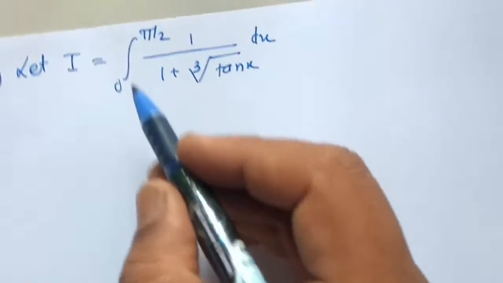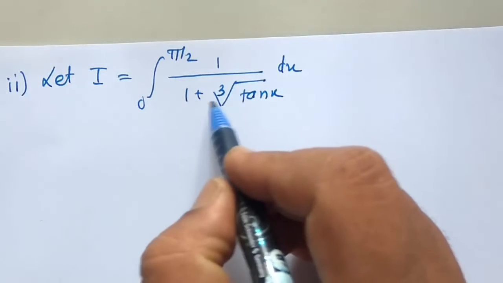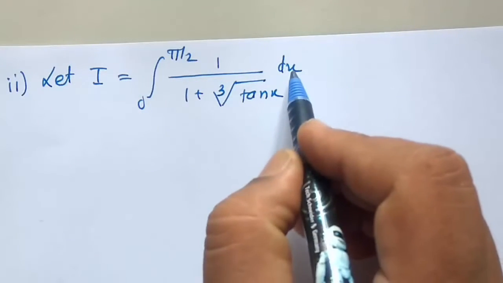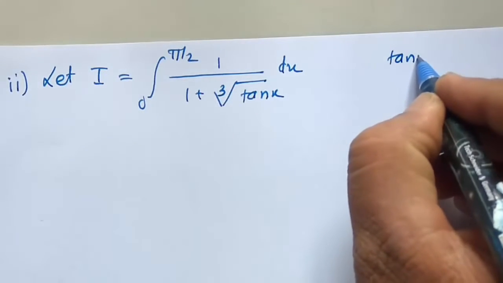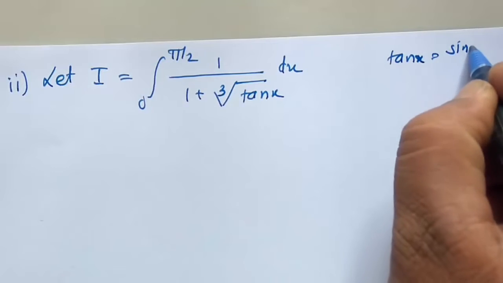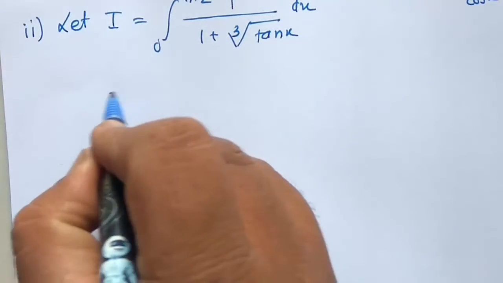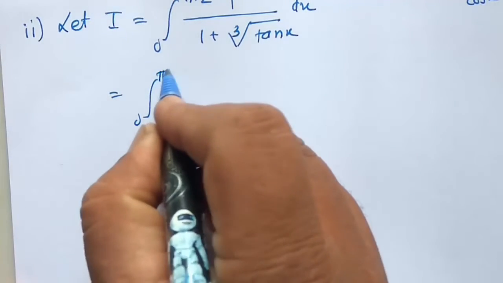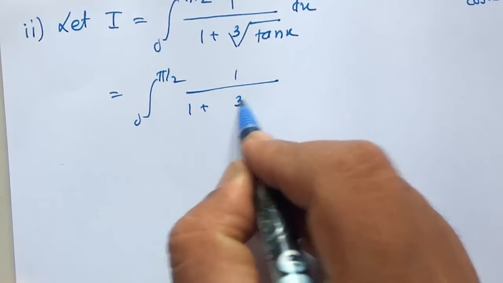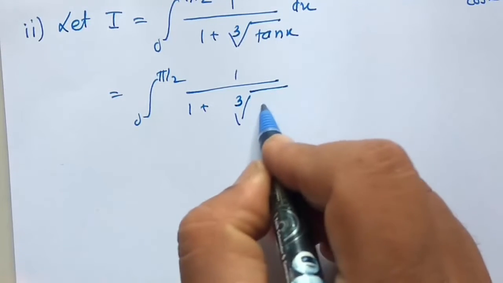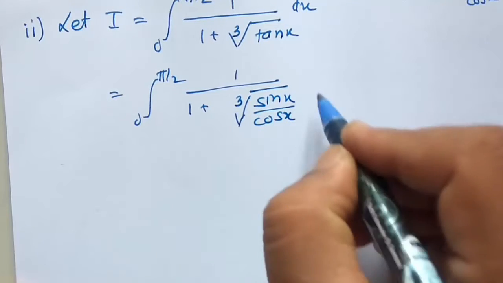So let I is equal to the integral from 0 to pi by 2 of 1 upon 1 plus cube root of tan x dx. We know that tan x is equal to sin x upon cos x. So this is equal to the integral from 0 to pi by 2 of 1 upon 1 plus cube root of sin x upon cos x dx.